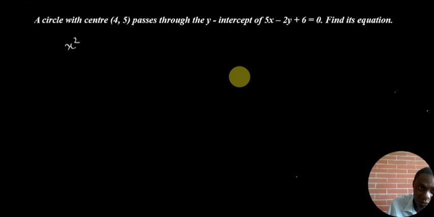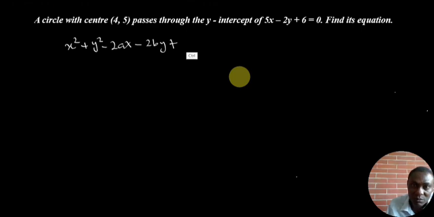x squared plus y squared minus 2ax minus 2by plus c is equal to 0, where a and b are the center of the circle.